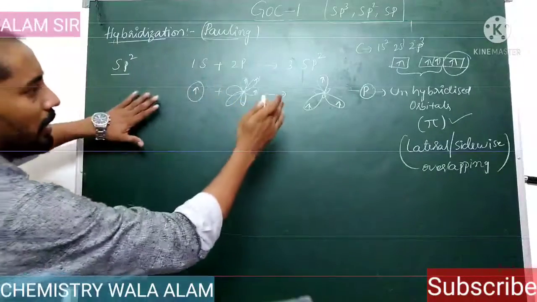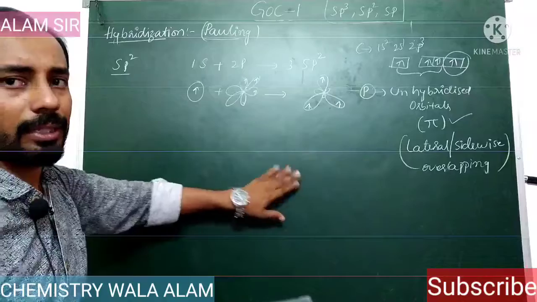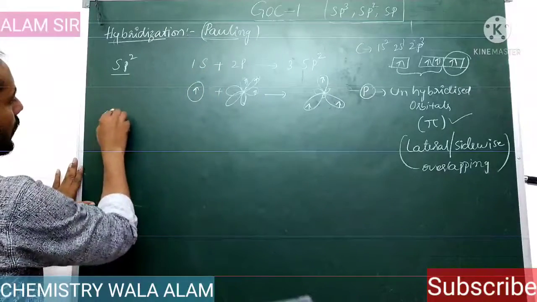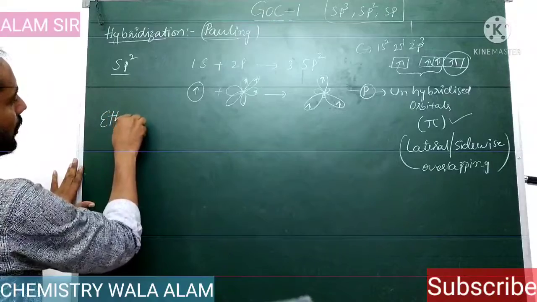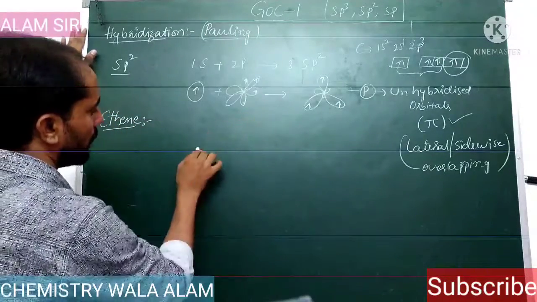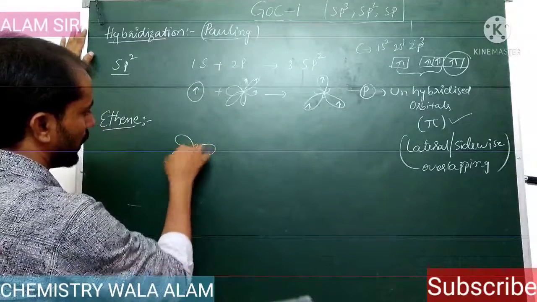This is the one sp2. Like that, two sp2 hybrid orbitals can be seen. In the ethene molecule, eth means 2 carbon atoms, so we take 2 carbon atoms.